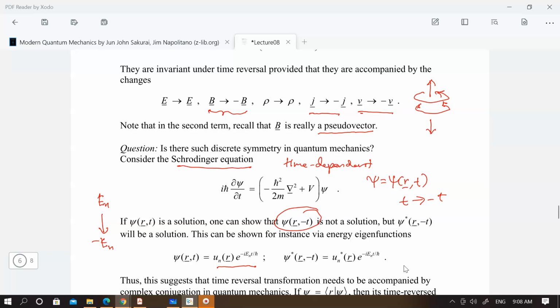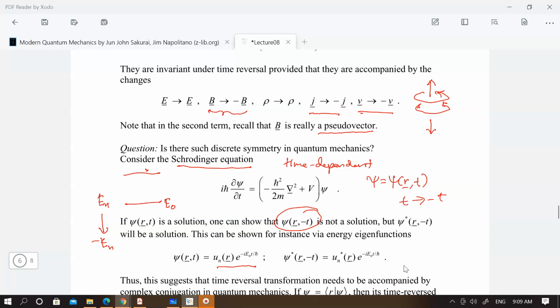Now you say, so what's wrong with that? Well, in the ordinary case, En will go from your ground state upwards. Okay, so it's bounded below and not bounded above. So if you flip it the other way, then essentially your energy states will not be bounded below, and that causes a problem.